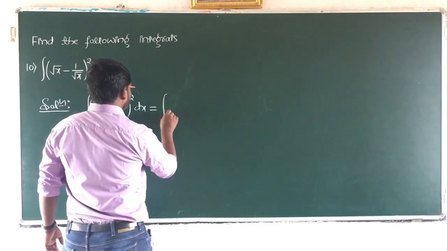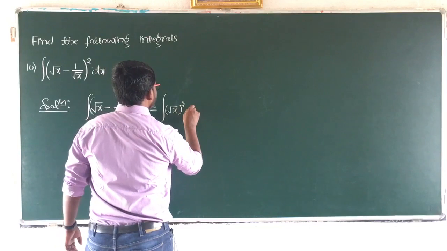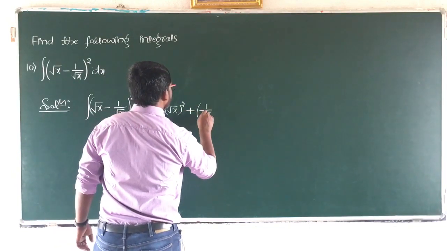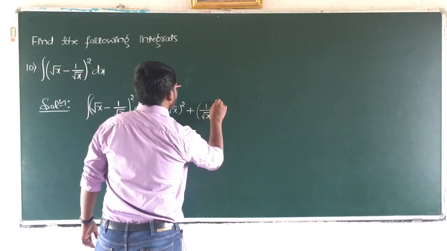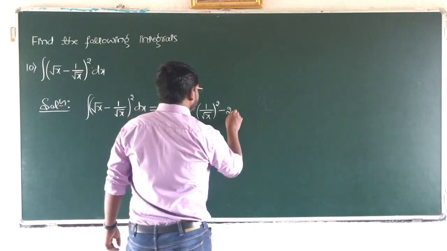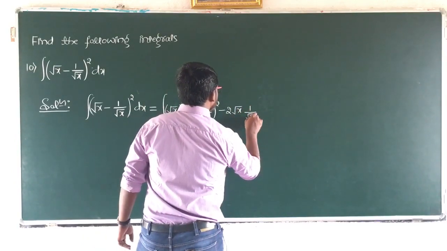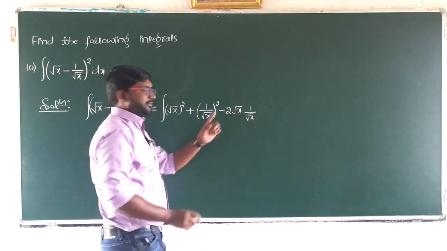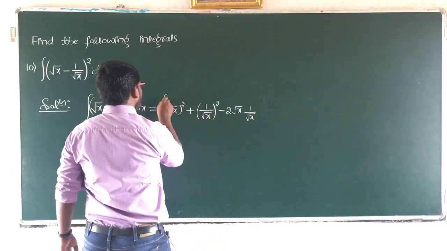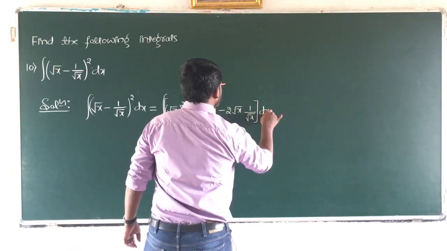Integral a square, that is root x the whole square, plus b square, it is 1 by root x the whole square, minus 2ab: a is root x, b is 1 by root x. Then close the bracket, then write dx.